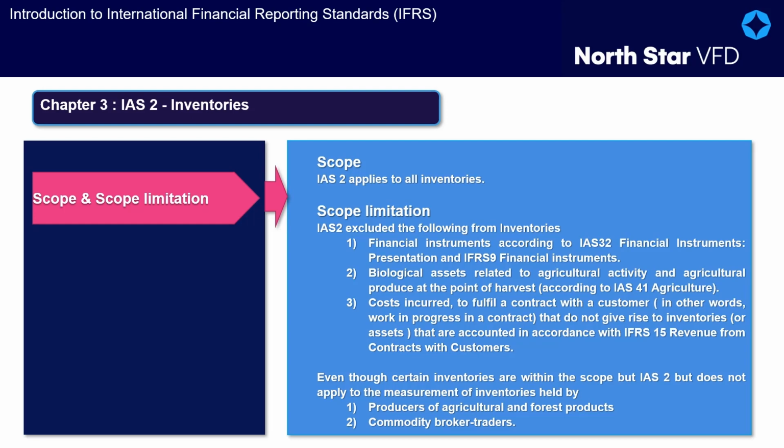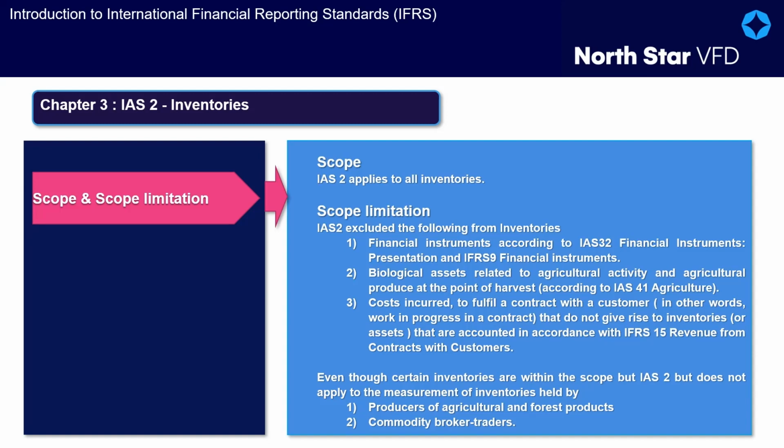that do not give rise to inventories, or assets, that are accounted for in accordance with IFRS 15 Revenue from Contracts with Customers. Even though certain inventories are within the scope of the IAS 2 Standard, it does not apply to the measurement of inventories held by 1. Producers of agricultural and forest products, agricultural produce after harvest, and mineral products, to the extent that they are measured at net realizable value in accordance with well-established practices in those industries.